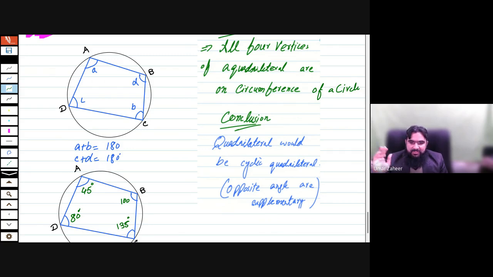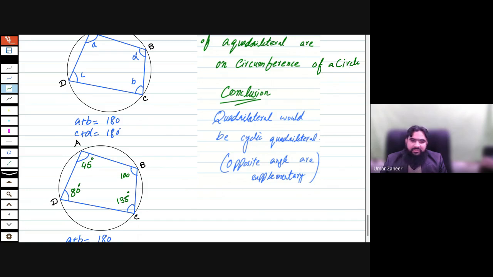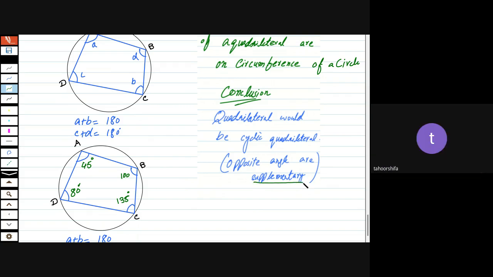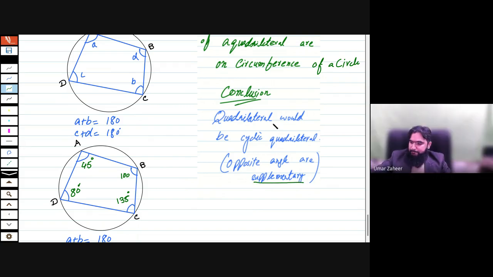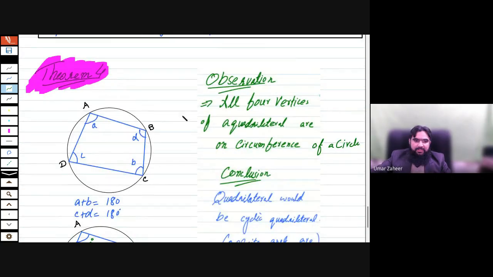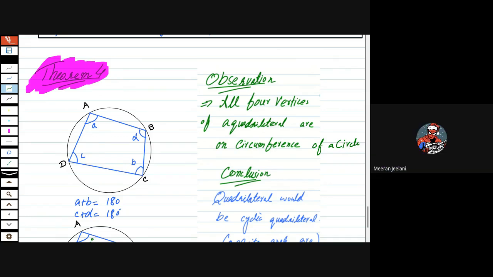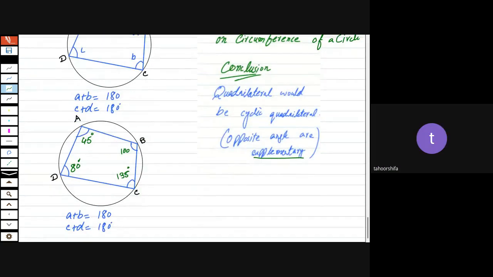Cyclic means the sum of the opposite angles will be 180, and we know that if the sum of two angles is equal to 180, those angles are known as supplementary angles. Any confusion in theorem 4? No, sir. All right.